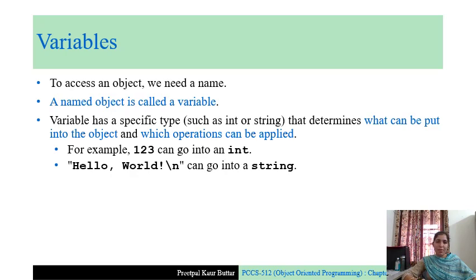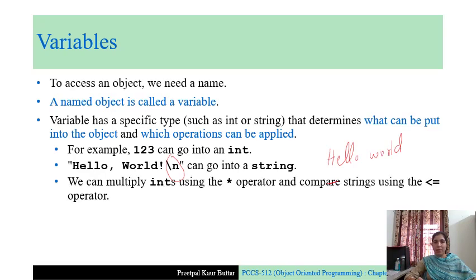Here there is a special character \n. \n means that when the compiler prints hello world on the screen, after printing hello world, the cursor will go to the next line. n means new line.